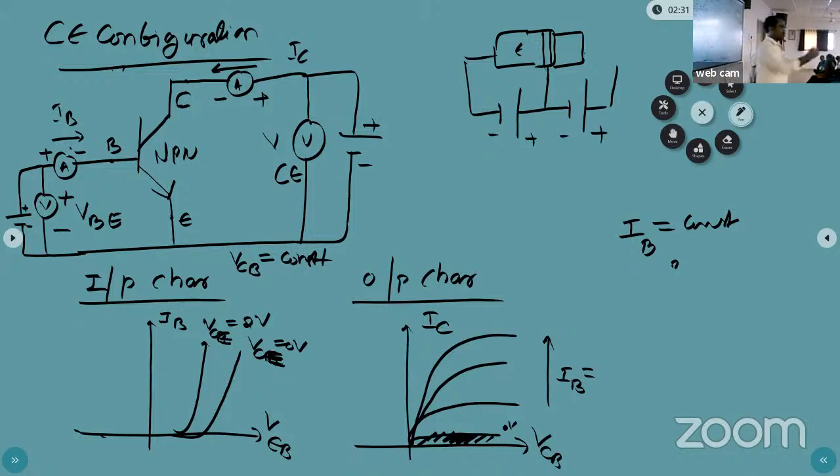What is the meaning of the 0 current? We are applying 0 milliamps, IB equal to 0 milliamps. If you are applying 0 milliamps, what are the emitter base junction and the collector base junction, in terms of forward or reverse bias?